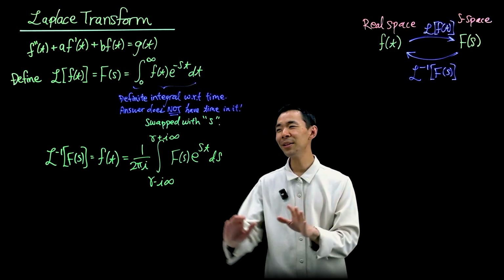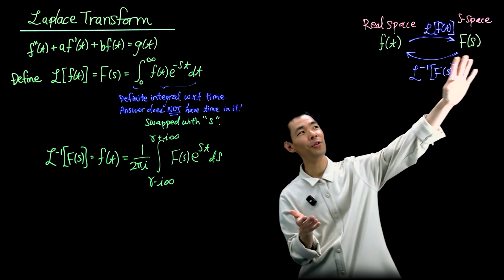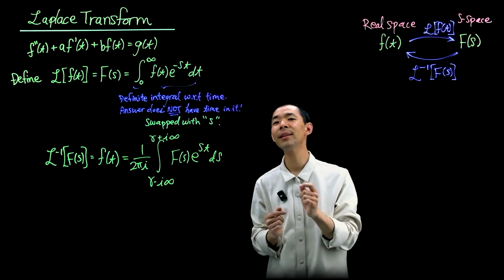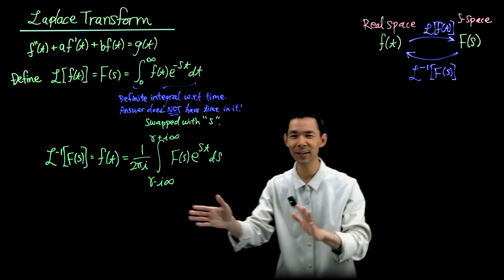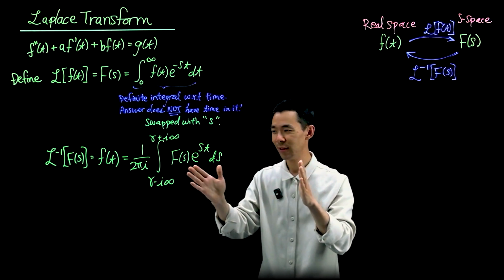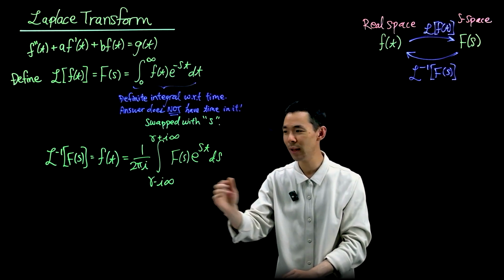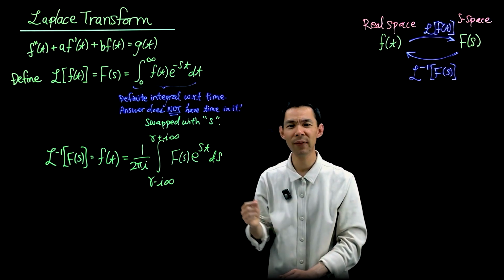OK, so here is the definition of the inverse transform of the function capital F of s back to the function you want, which is little f as some function of time. Disgusting. Oh my gosh. It's got complex imaginary numbers i, which is square root of -1. It's got poles, gamma minus and plus i infinity are poles.